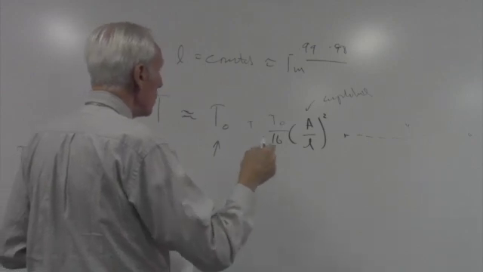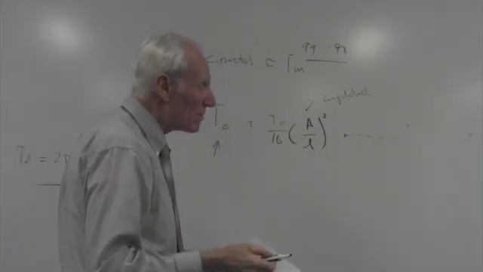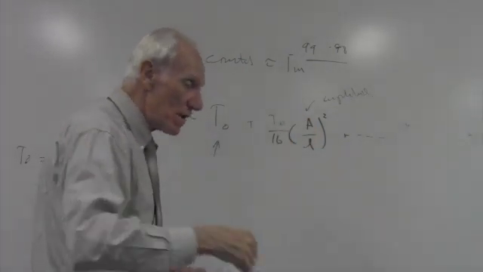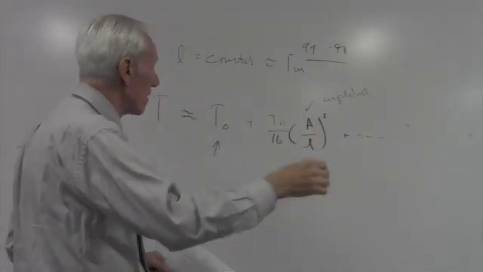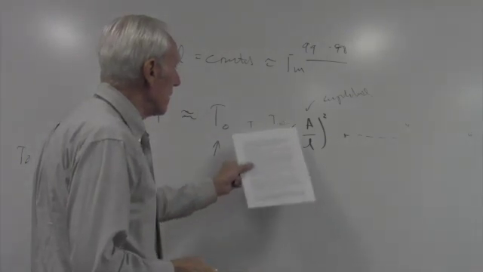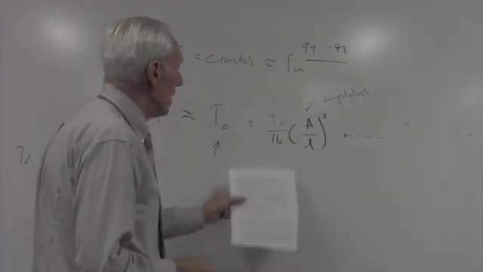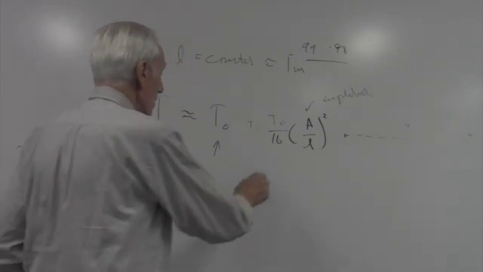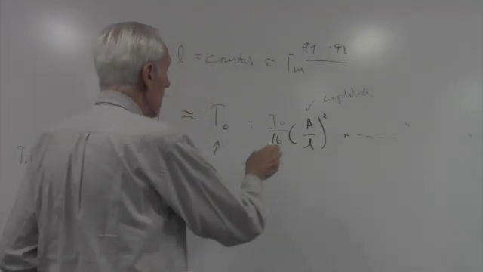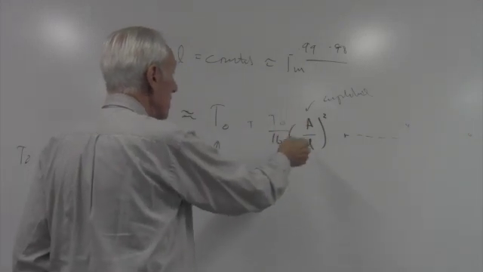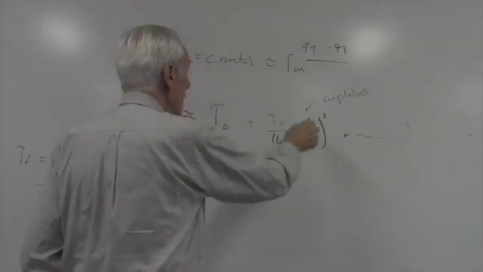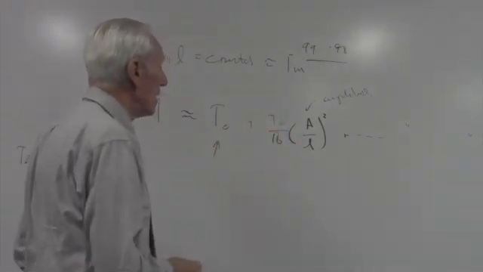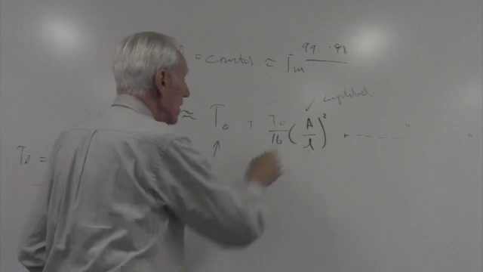A 1 meter long pendulum has a period of about 2 seconds, divided by 16, times the amplitude as measured along an arc of the circle that it swings in, in centimeters, squared. So this is a correction term. As you can see, it gets bigger and bigger in a squared fashion as the amplitude increases, because L is a constant, this is constant, and so the only thing that's increasing here is the amplitude.